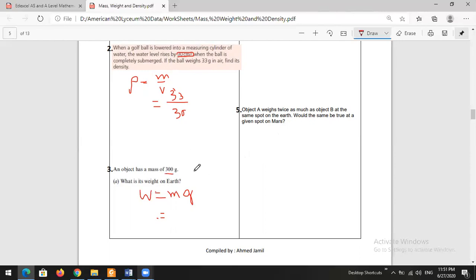So if we convert this gram into kg, it will become 0.3 kg. So write this value here, 0.3, and the value g is 10. So 0.3 multiplied by 10 gives you 3 newtons. So this is the weight.